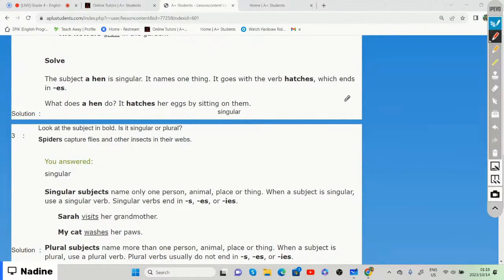Spiders capture flies and other insects in their webs. Is spiders singular or plural?